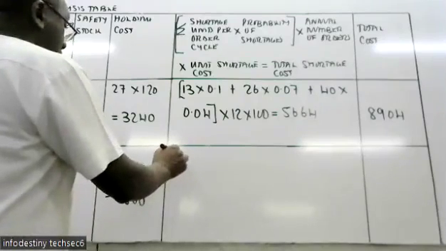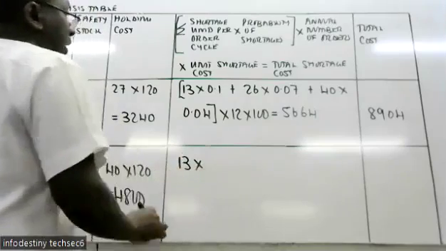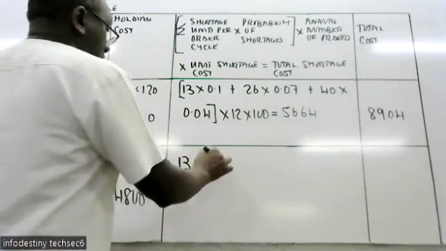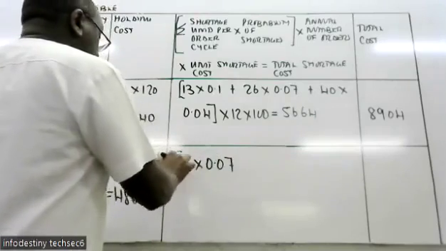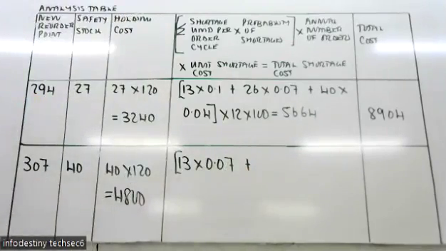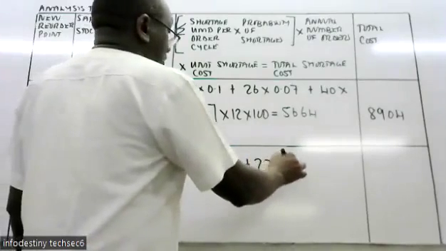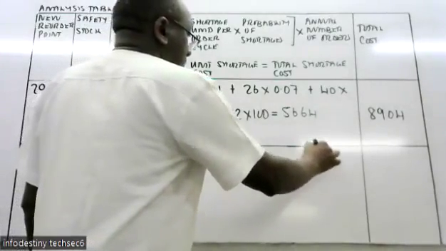So those are how many units out of stock? 13, with a probability of 0.07. Huyo mwingine ataleta shortage ya 27 with a probability of 0.04.